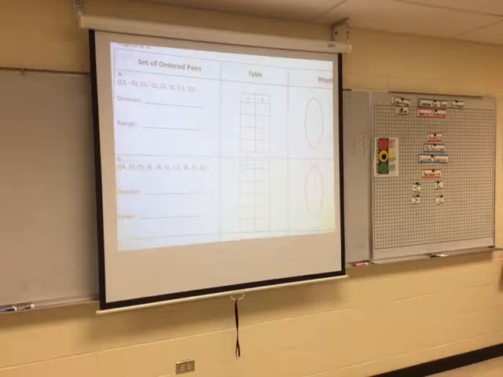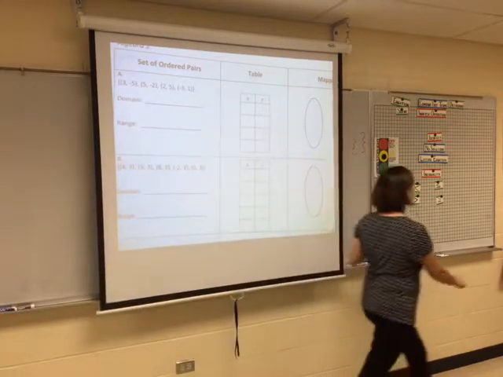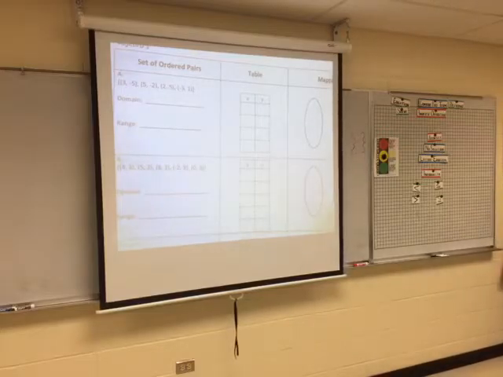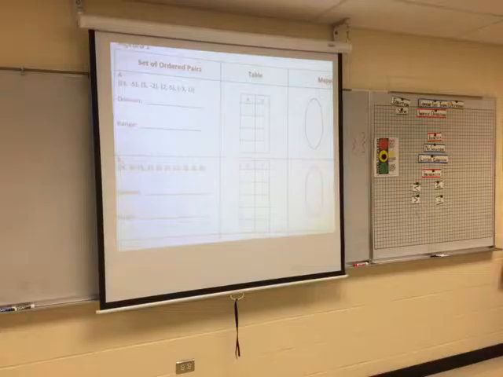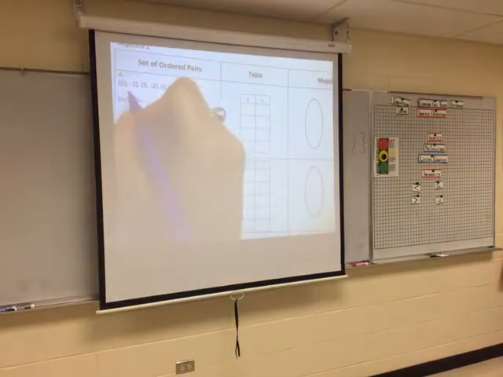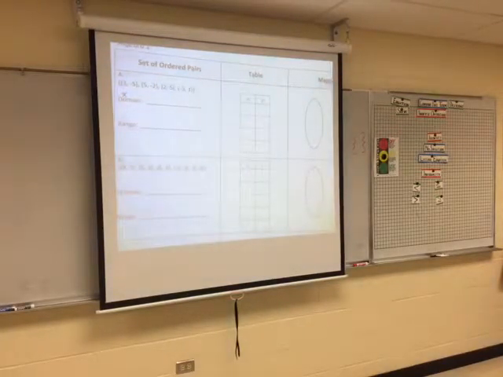All right. Let's take a look. So, example A, I'm given a set of ordered pairs. What I'm going to do first is define the domain of this set of ordered pairs. So domain are the x values, right?